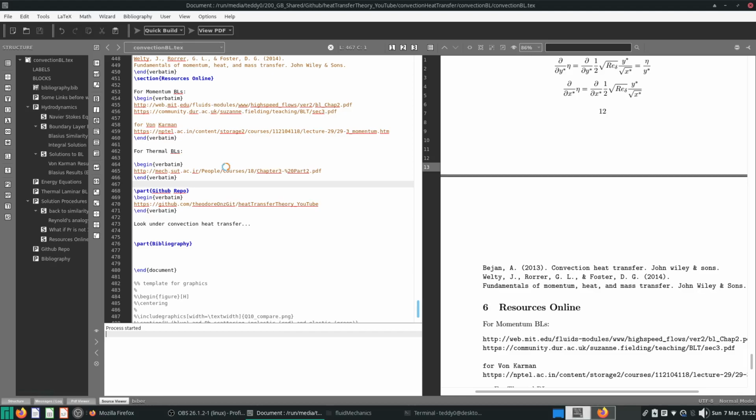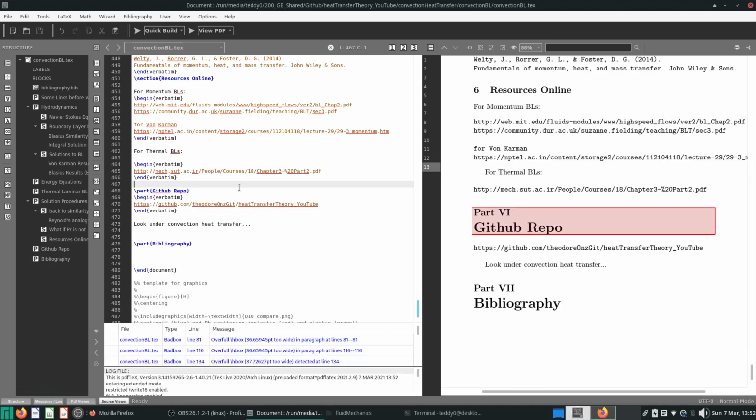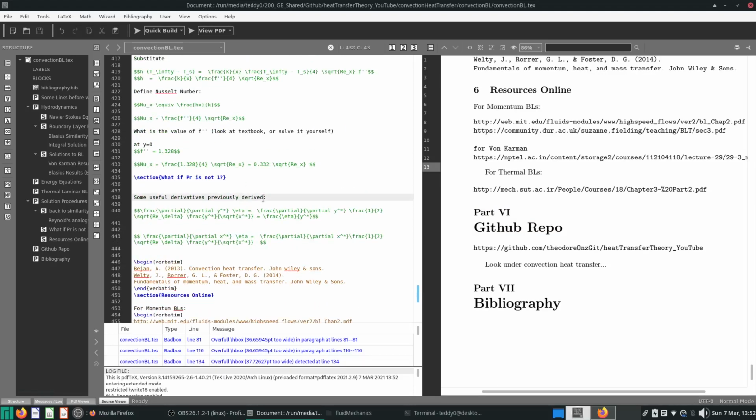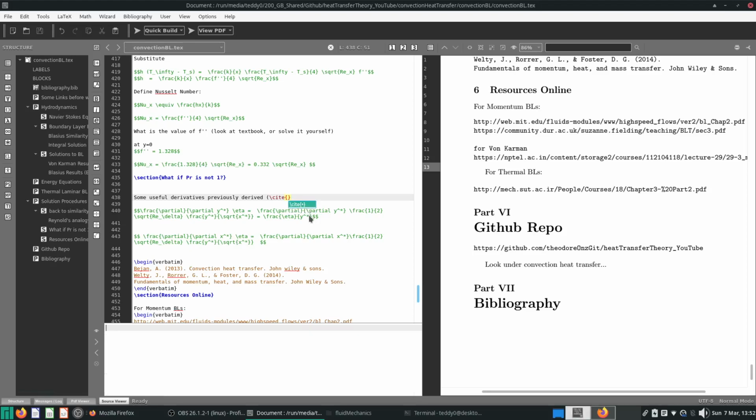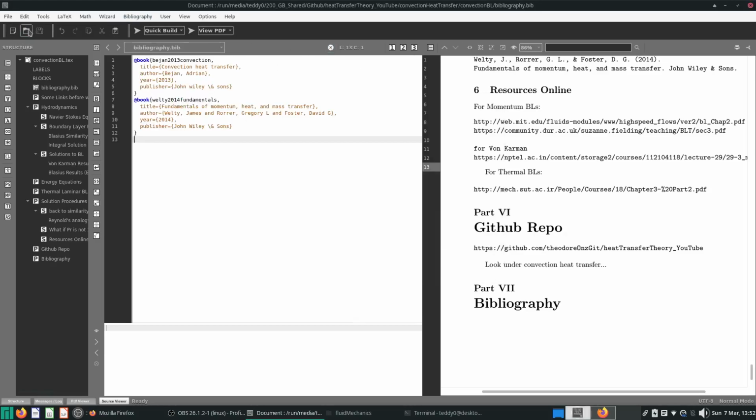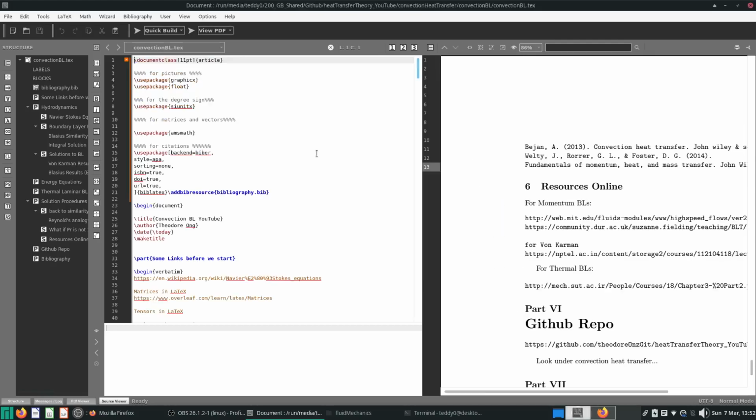Then I will be citing. So to cite, let's just do cite. I'll probably have to close and open again. That's the weird thing with LaTeX.